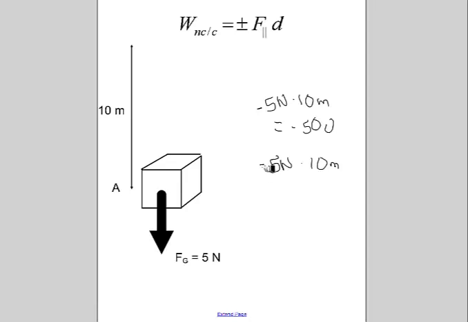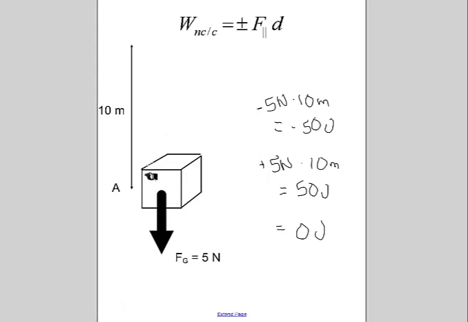So instead of a negative, it's a positive sign out in front. And this tells us that in that second leg of the journey, the force of gravity added 50 joules of energy to the system. So the total journey, going away from A and then returning to A, we have not changed the amount of energy in the system.